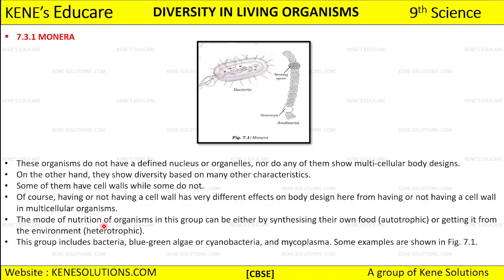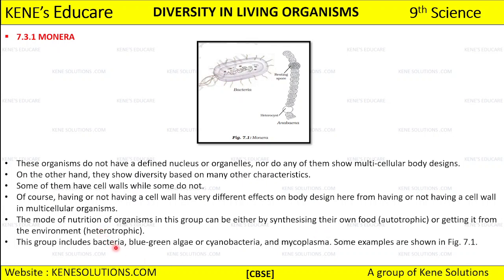So the mode of nutrition of organisms in this group, Kingdom Monera, is either by synthesizing their own food, in which case we call them autotrophs, or else they get their food from the environment, that is, they eat other plants or animals and survive. Such a mode of nutrition we call heterotrophic nutrition.